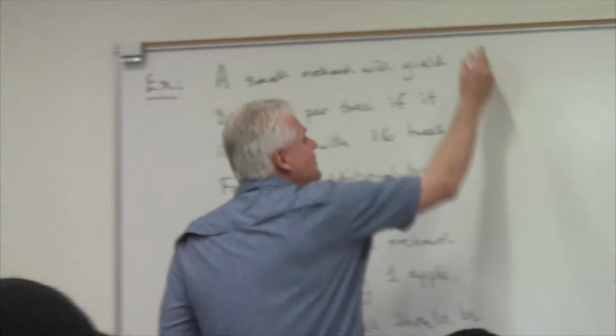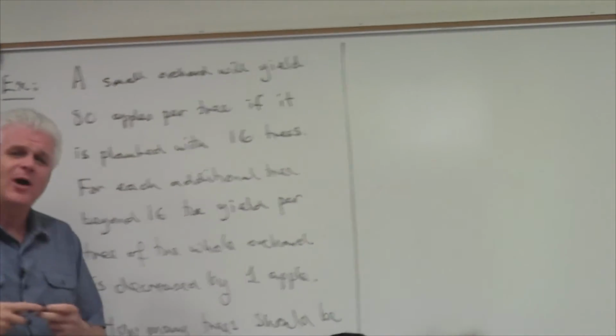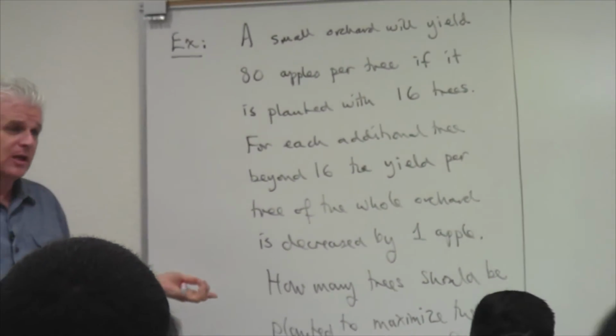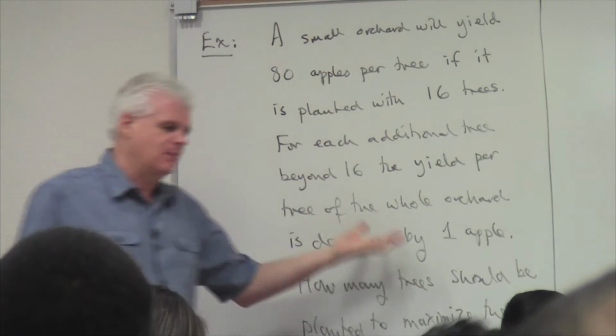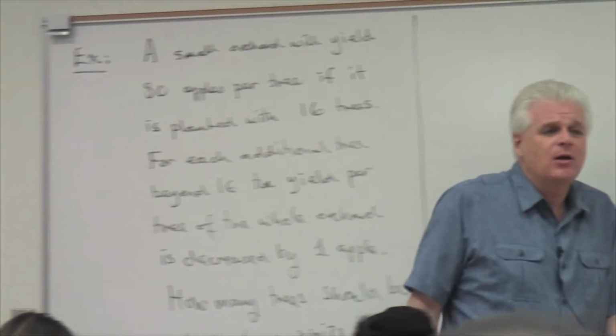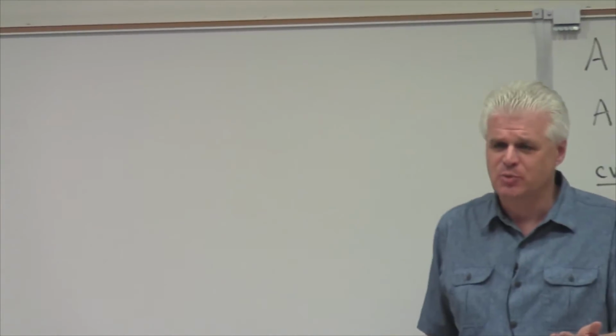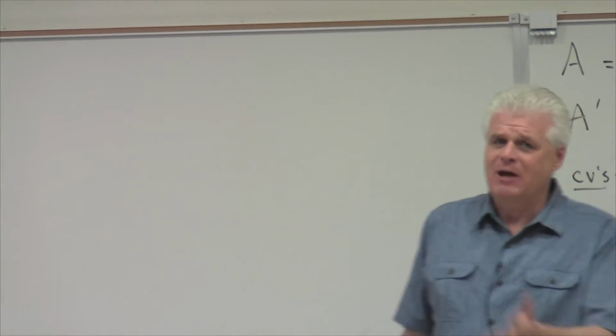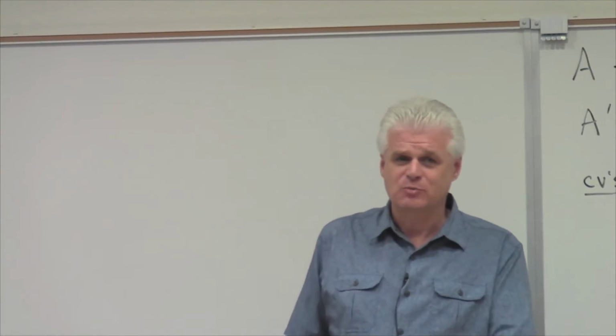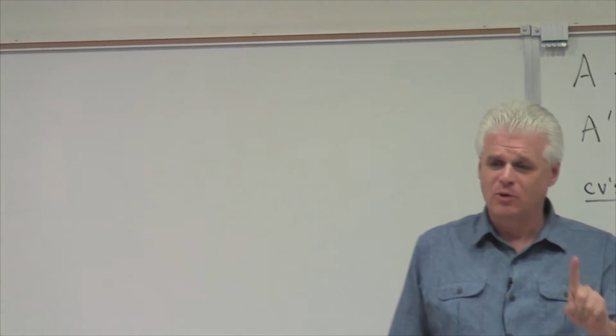So let's set it up. This is a variety of problem that you see quite frequently. It's not always trees. Another way I've seen it: a hotel can rent out all of its rooms if it only charges $60 per room per night, but for every $5 they charge beyond that, they lose one room rental.